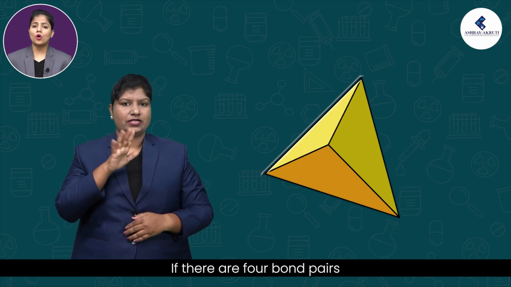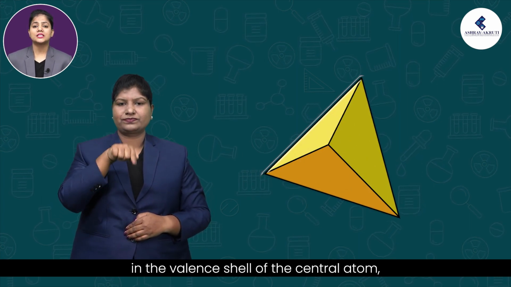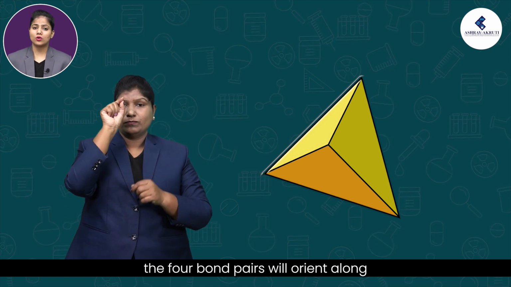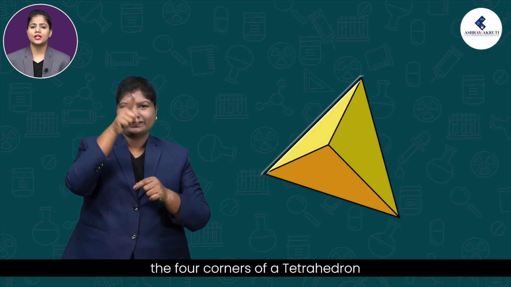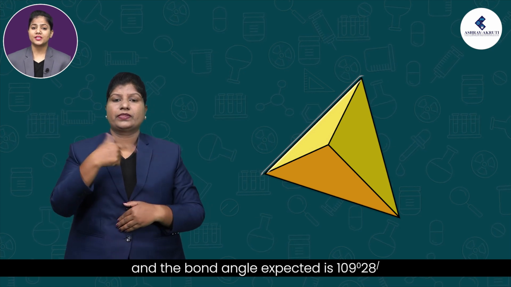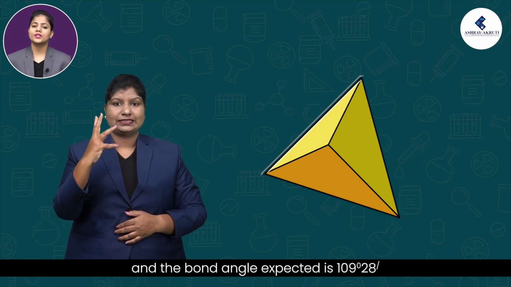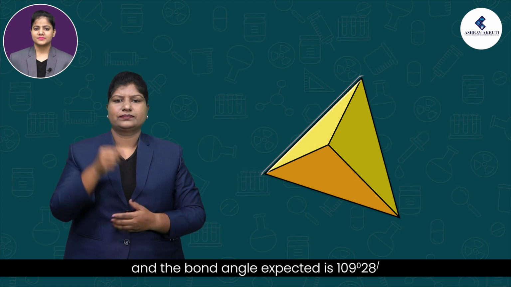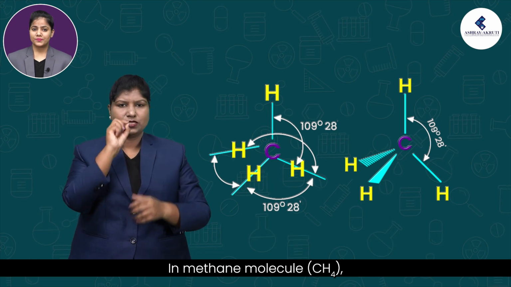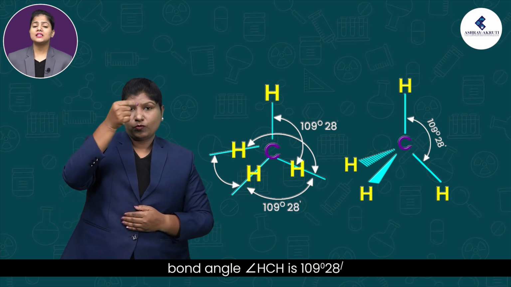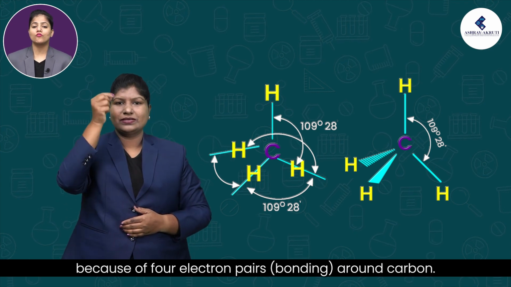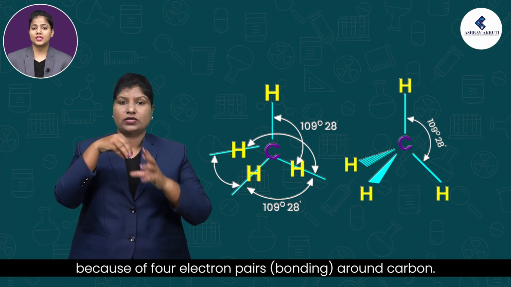If there are 4 bond pairs in the valence shell of the central atom, the 4 bond pairs will orient along the 4 corners of a tetrahedron, a three-dimensional arrangement, and the bond angle expected is 109 degrees 28 minutes. In the methane molecule CH4, the bond angle HCH is 109 degrees 28 minutes because of 4 electron pairs bonding around carbon.